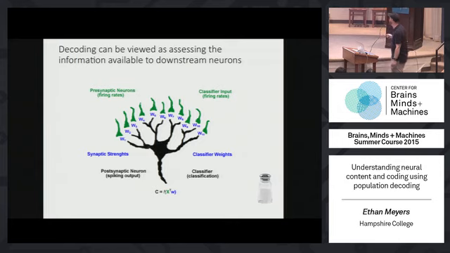So you could actually view what the classifier learns as synaptic weights to a neuron. You could view the pattern of activity you're trying to classify as the presynaptic activity. And then by doing this dot product multiplication, perhaps passed through some nonlinearity, you can output a prediction about whether there's evidence for a particular stimulus being present.